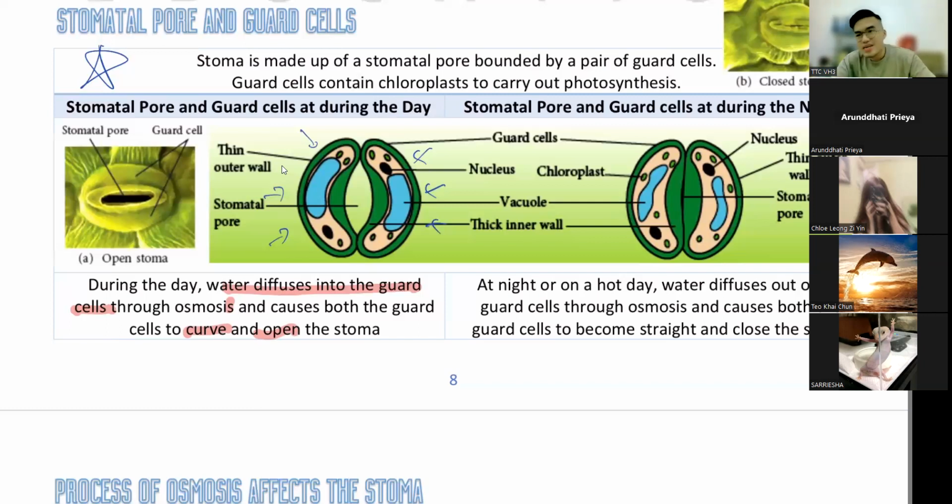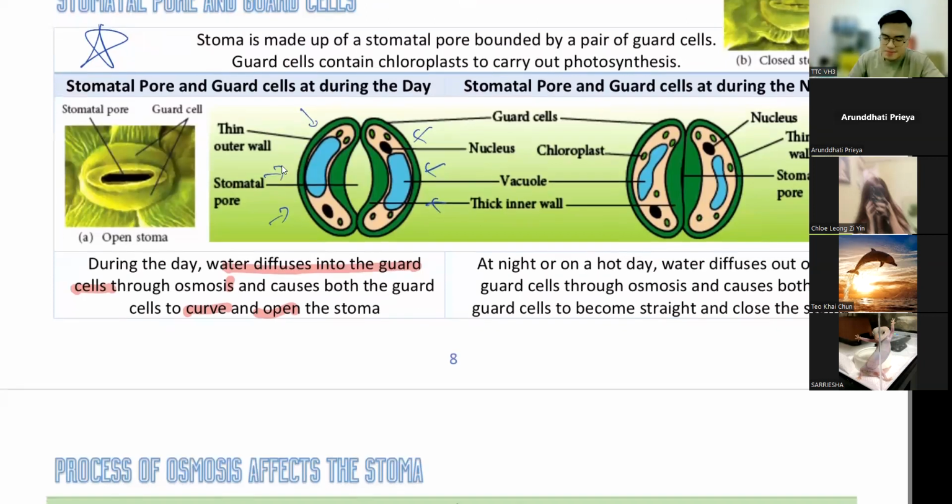All right. At night, water will diffuse out. So they straighten, they become straight, and they close. So water diffuses in, curve, open. Water diffuses out, straight, close.